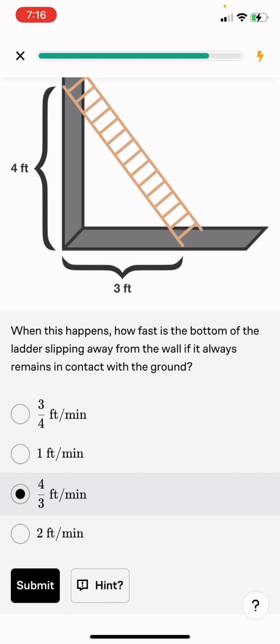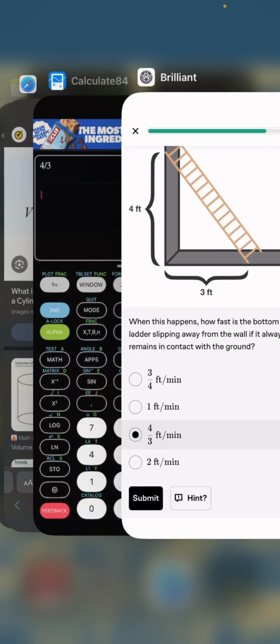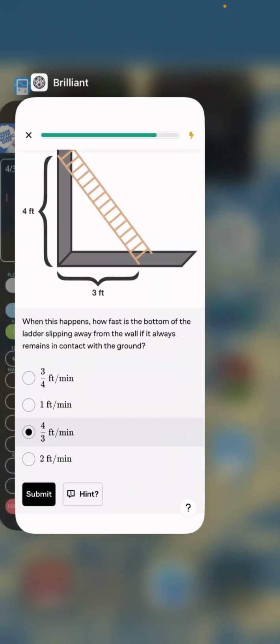I feel so dumb not doing this. But 4 or 3 means it's falling out.